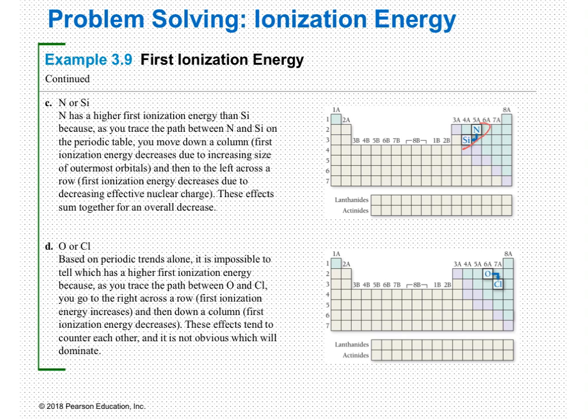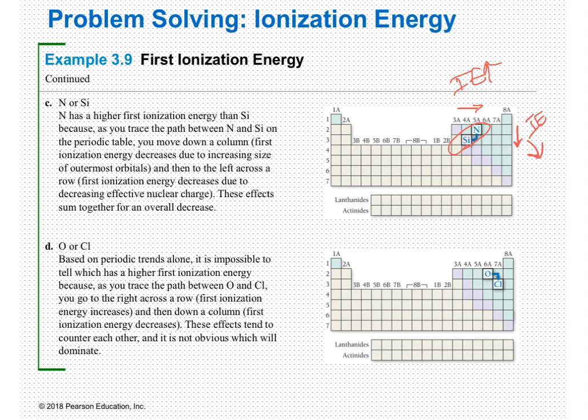Alrighty, so as with all trends, if the elements are on a diagonal and the effects are competing with each other, it's difficult to tell. So let's look at these. The trend going left to right is that ionization energy increases, and the trend going from top to bottom is that ionization energy decreases, okay?